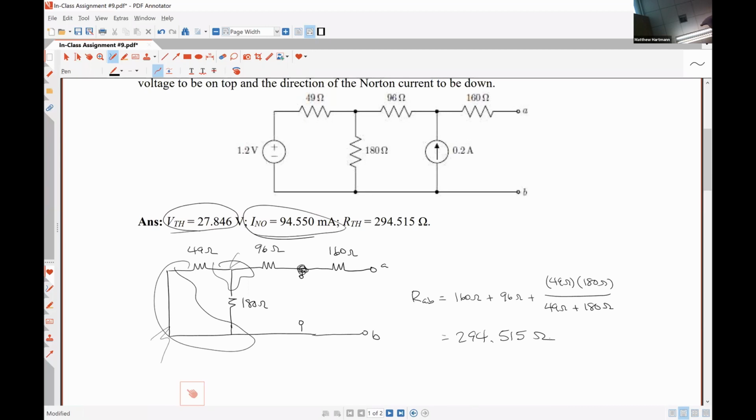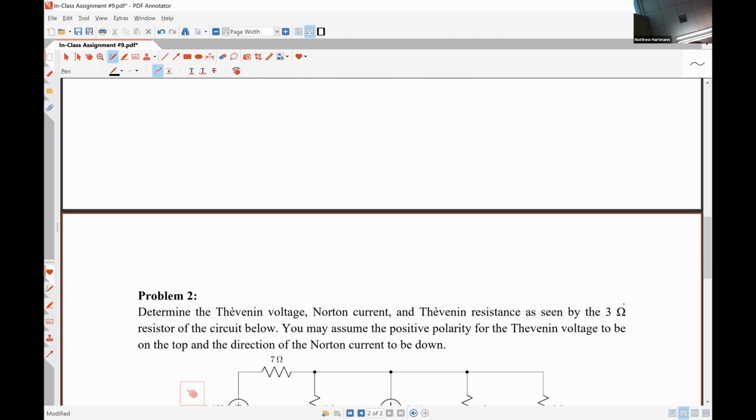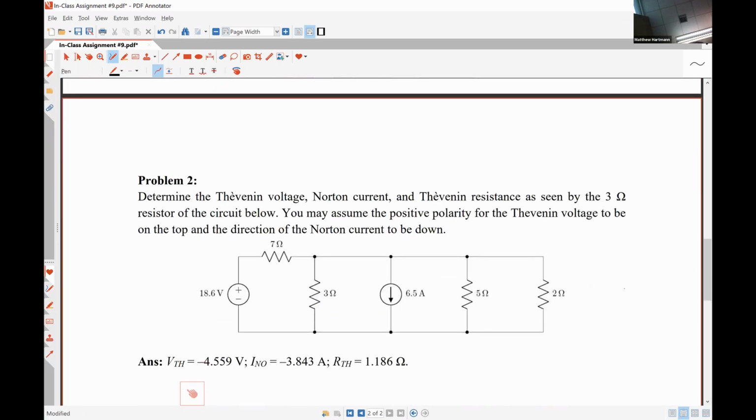So the Thevenin and Norton analysis has a built-in way for you to check your answers. So I like it a lot. All right, any questions on this problem that we just solved? All righty, then let's move along to our second problem.